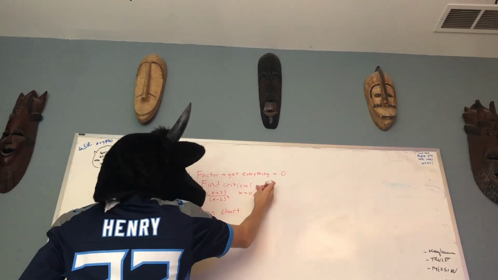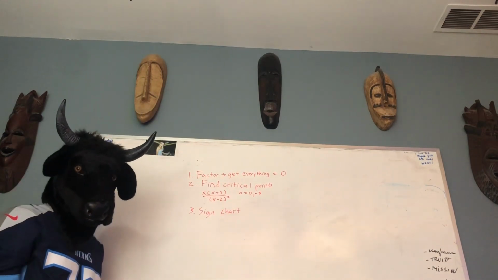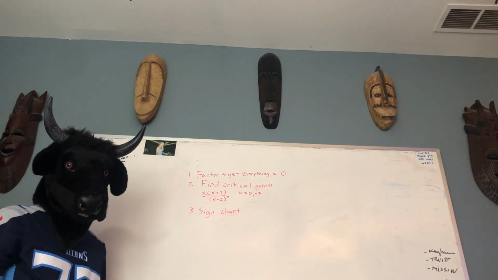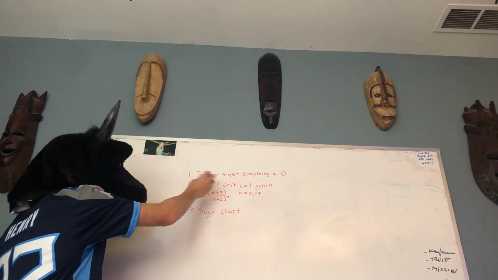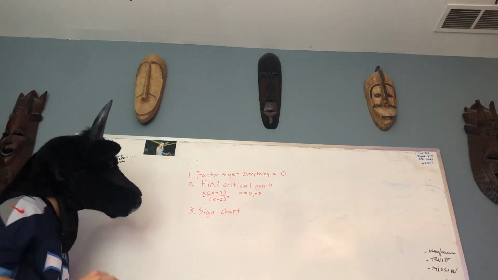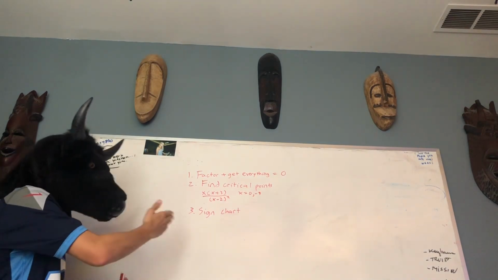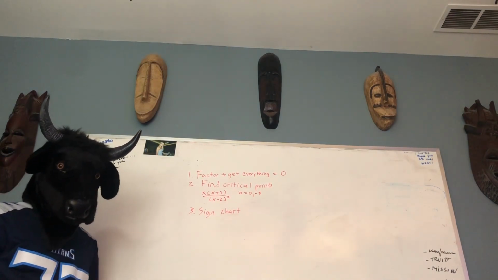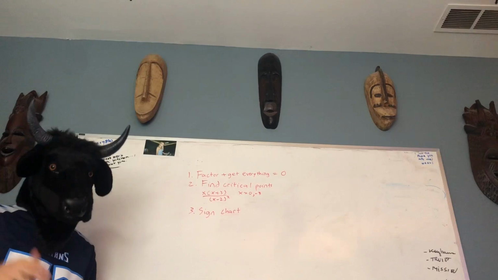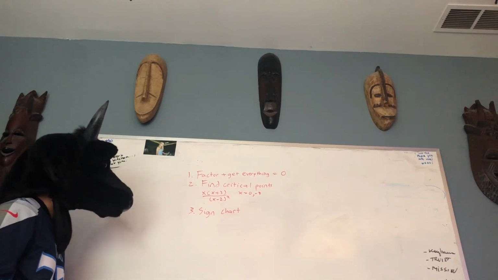And x equals -3, because that's how you would make that factor equal to 0 and make the whole thing 0. The reason these 2 points are of importance to us in inequalities is because when you have everything equal to 0, you're looking for, is a number I plug into my expression going to make this positive or negative? Because if it's positive, it's going to be greater than 0, and if it's negative, it's going to be less than 0.